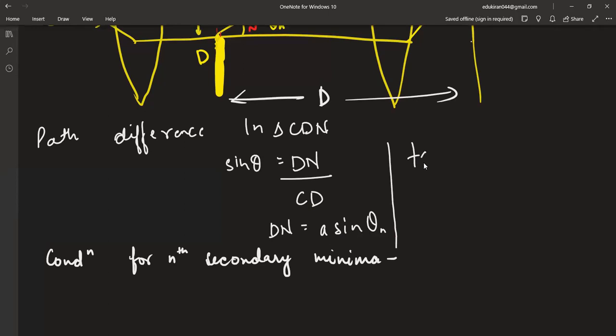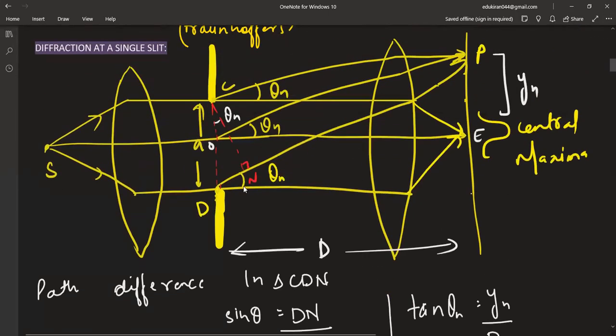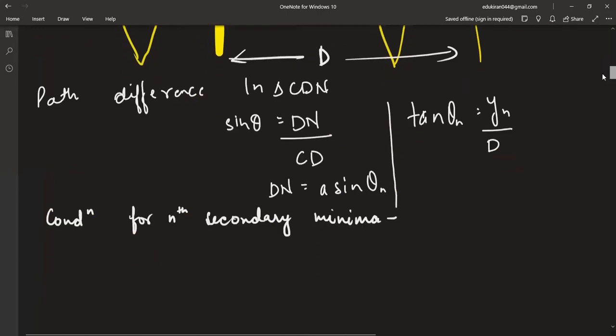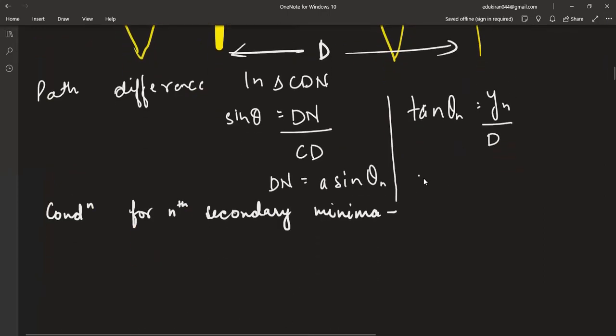Okay. From here, if we calculate tan theta, that will be yn divided by D. How? See, this is your theta. If you calculate tan theta in this triangle, this is yn, that is the separation of central maxima from the point of calculation, and this is D. So perpendicular by base gives us tan theta, which is equal to yn divided by D. So from here, yn is equal to D tan theta n.